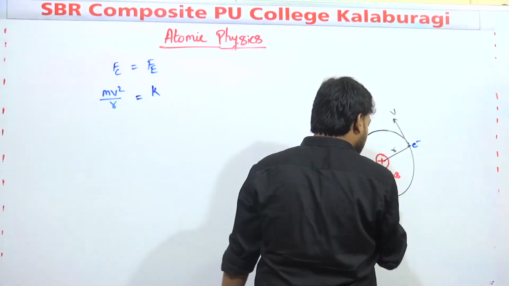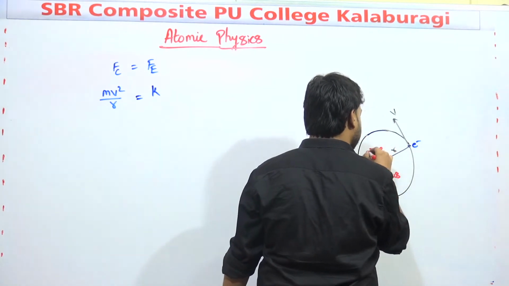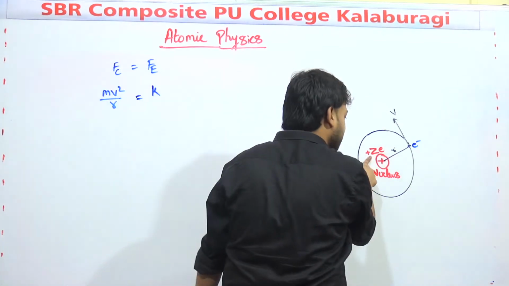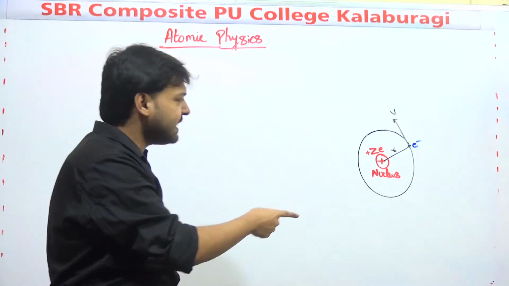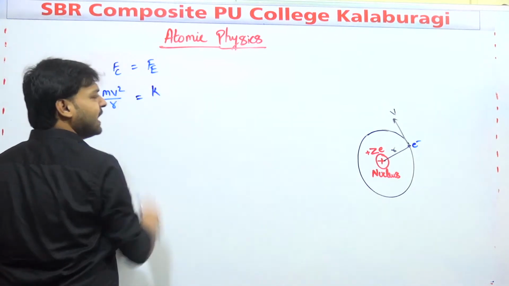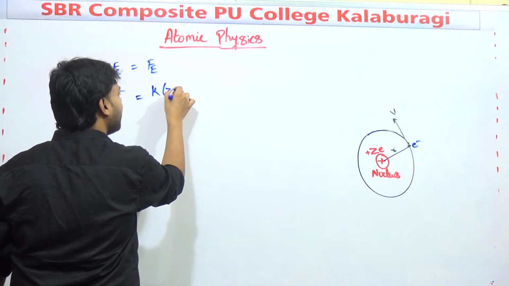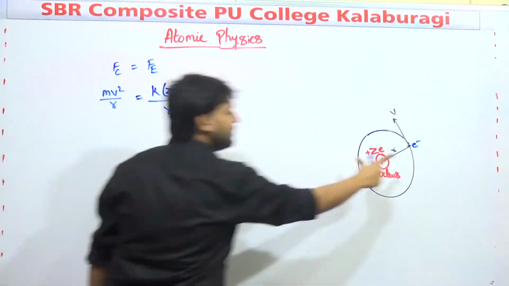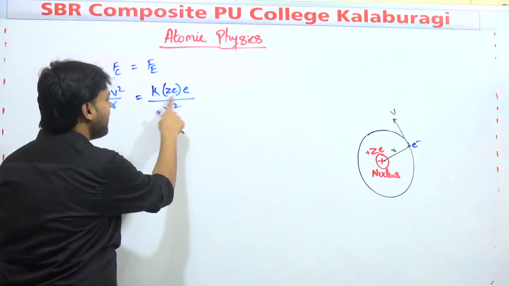The charge of the nucleus is plus Ze. It depends on the atom, what we set as the atomic number. So Ze, and the electron is, we know, minus e. So the electrostatic force is K Q1 Q2 divided by r square, where r is the separation between them. Only the magnitude I am considering.